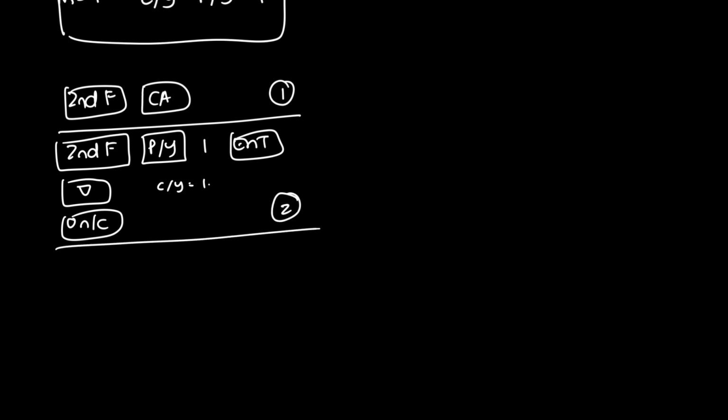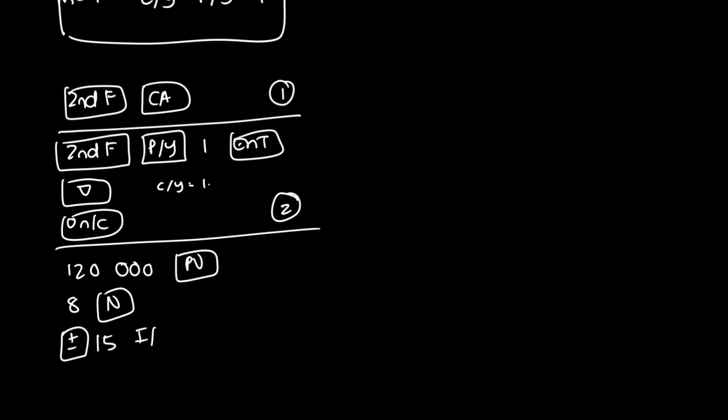Stage 3 is going to put in all the information we know. So that's the 120,000 PV, the 8N, the negative 15 IY to account for the fact that it's depreciation. And then we're going to compute our future value.